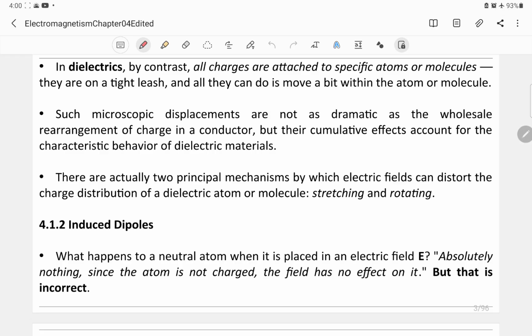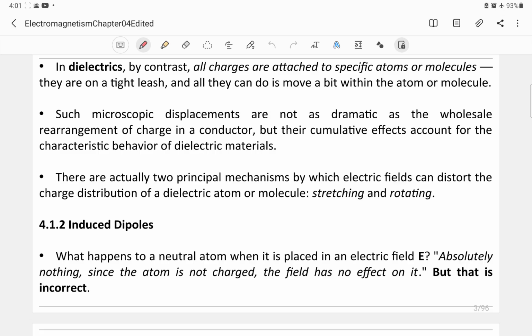By the way, there are two principal mechanisms by which electric fields can distort the charge distribution of a dielectric atom or molecule. It's by stretching and rotating. So when there is an electric field, the neutral atom in a dielectric stays neutral because the charges are intact in the atom.